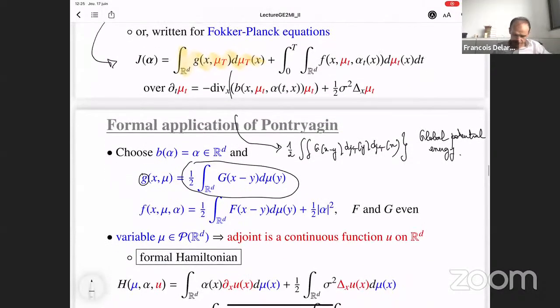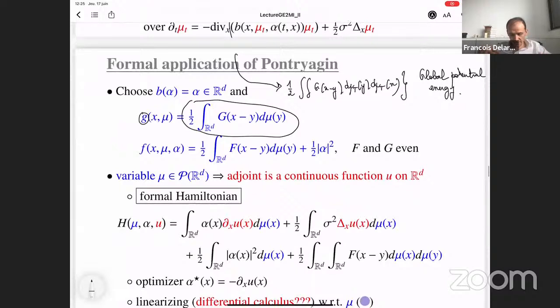Okay. So now you have an infinite dimensional optimal control problem, and maybe here I should explain, specifically for those of you who are not so aware of control, that when you have a control problem, you compute what we call the Hamiltonian.